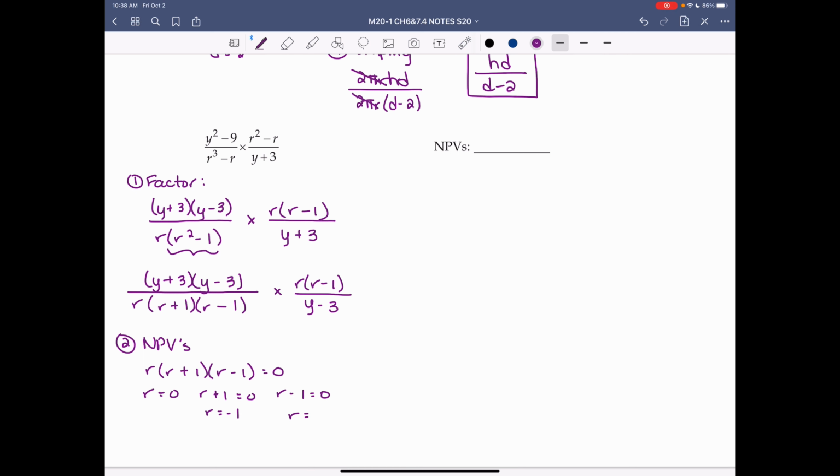When r equals positive 1. And then we look at our other denominator, y plus 3. When is y plus 3 equal to 0? When y is equal to negative 3. Our NPVs then are r equals 0, 1, and negative 1, and y equals negative 3.